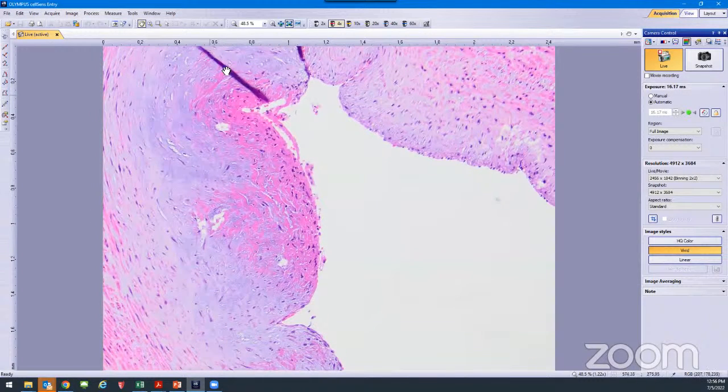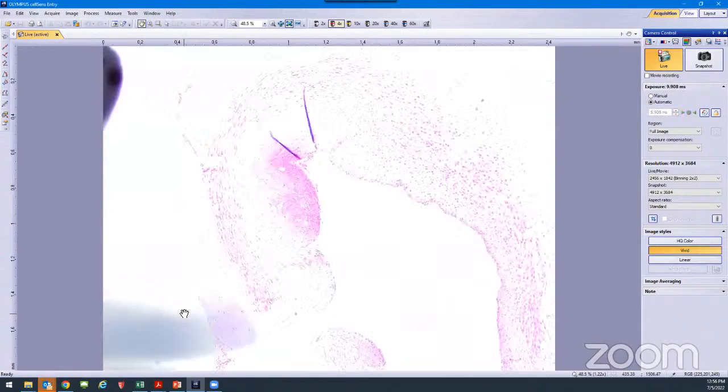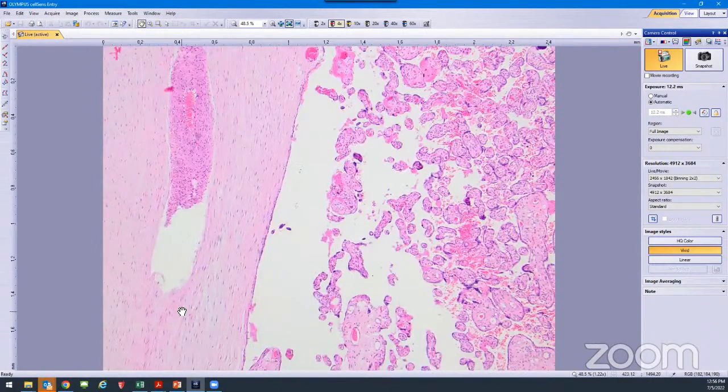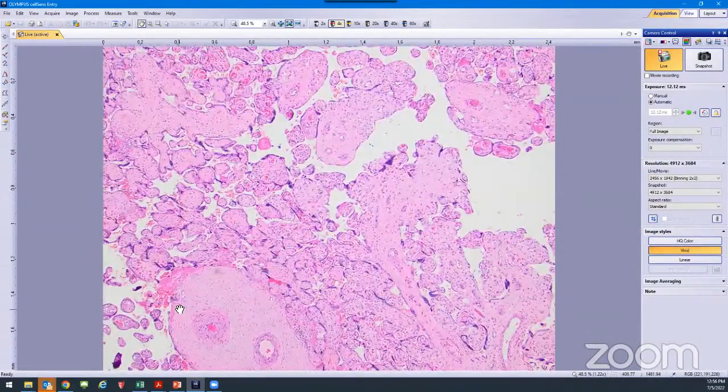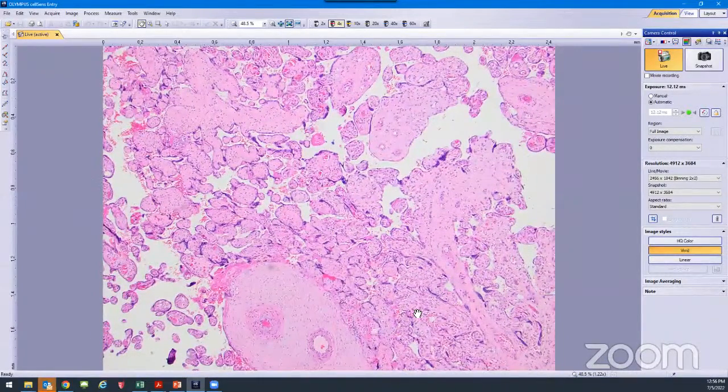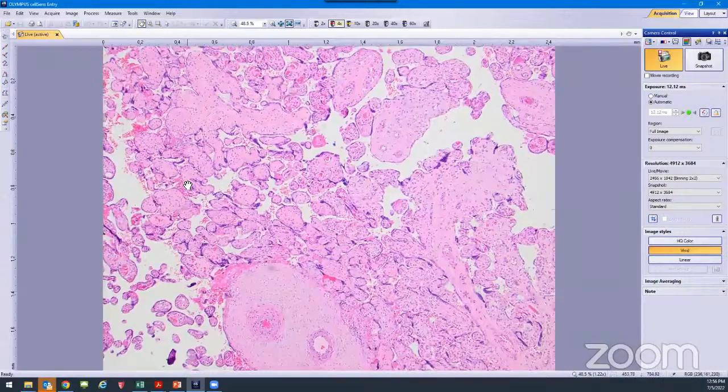See the pink in the vessel wall. So we have a nice little focus here of mural fibrin deposition. And then as we look more downstream, we have this really well-defined focus of avascular villi.